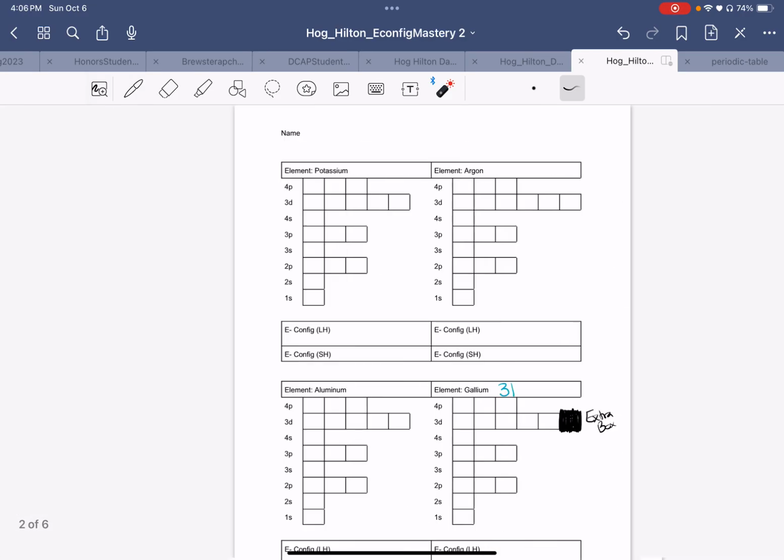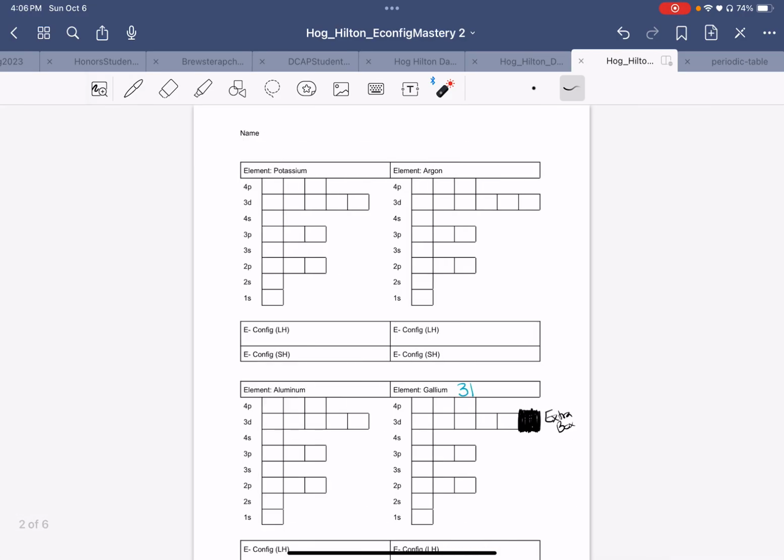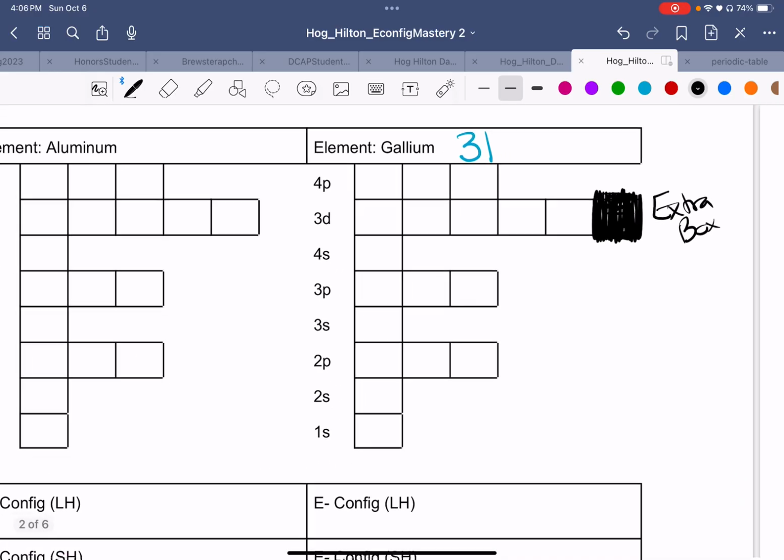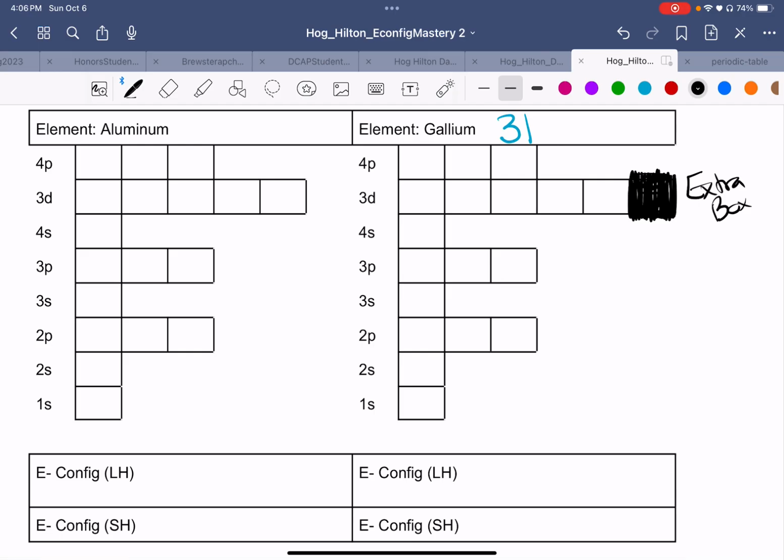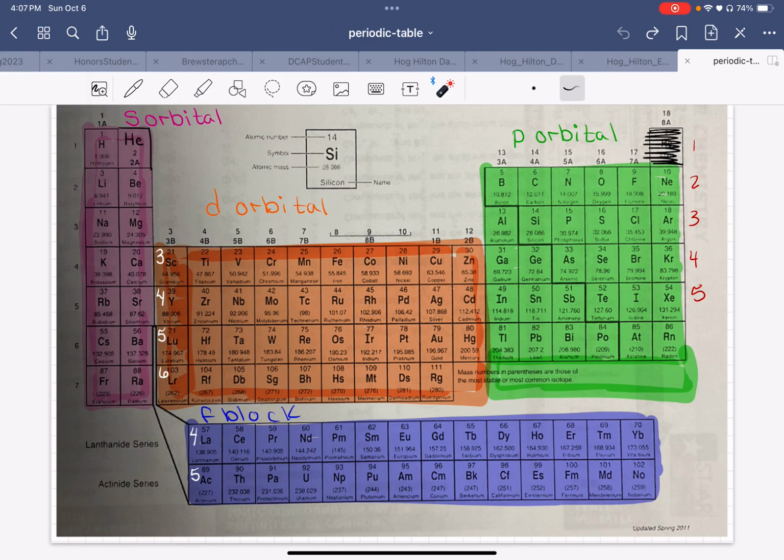All right, let's go to the next page. So again, on this side over here, you have a set of extra boxes. Just go ahead and mark those out. Okay. Let's go to gallium. So it's 31. Now we're starting to get there. We have a lot of them. So here's something that I like to do when I'm trying to do electron configuration. Here's gallium.